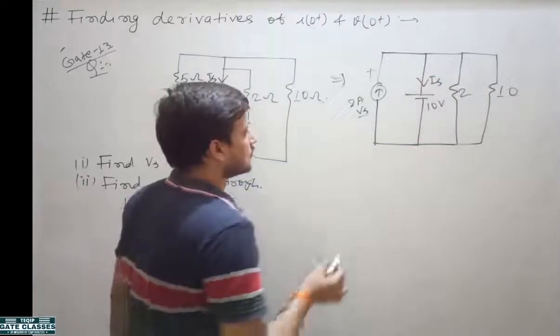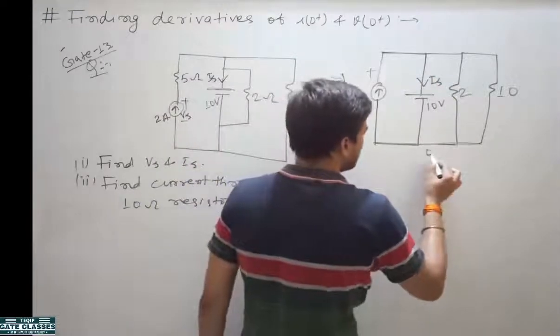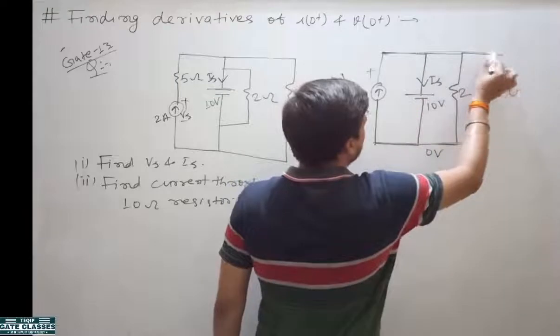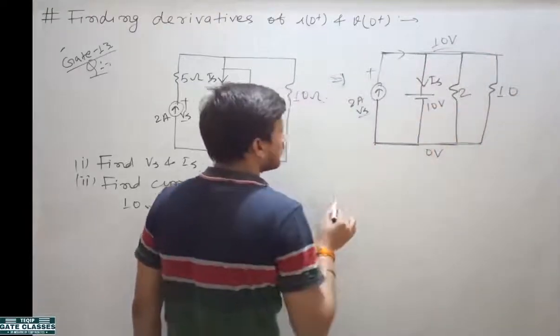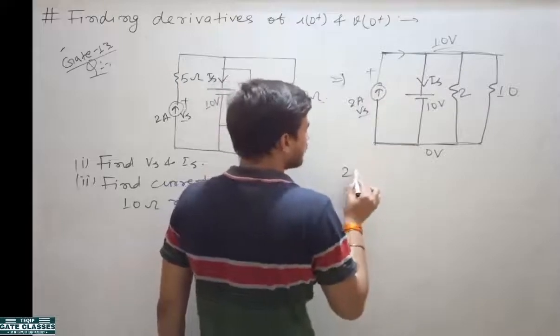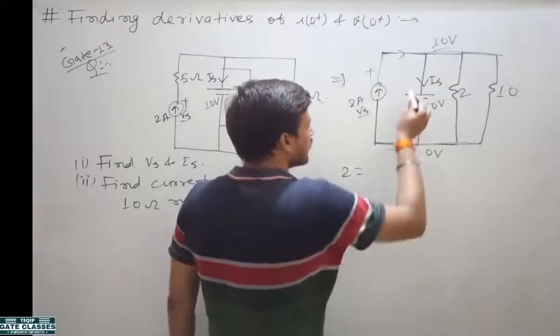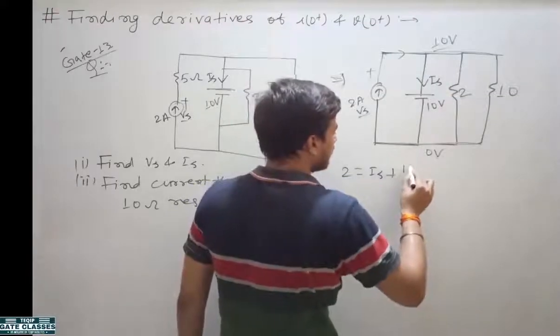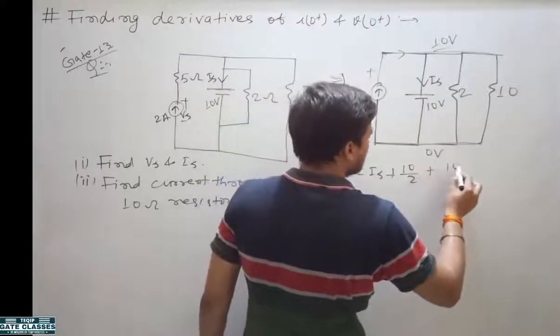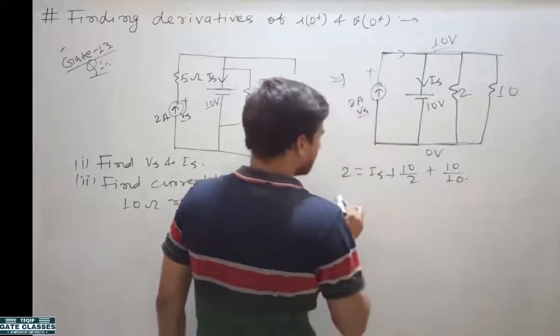So the potential of this node is 0 volt, and the potential of this complete node is 10 volt. So apply KCL at this node. 2 ampere current will be equal to Is plus this current, 10 by 2 plus 10 by 10. That means Is is coming.